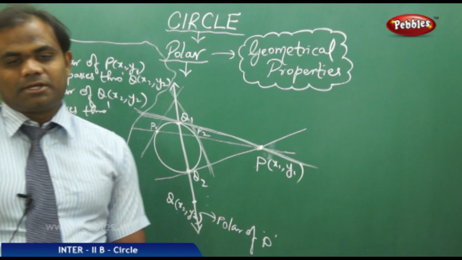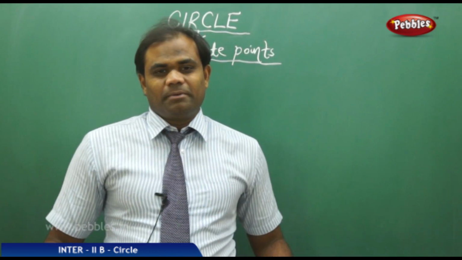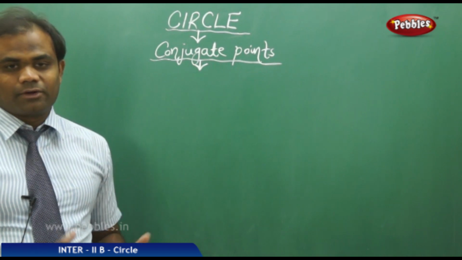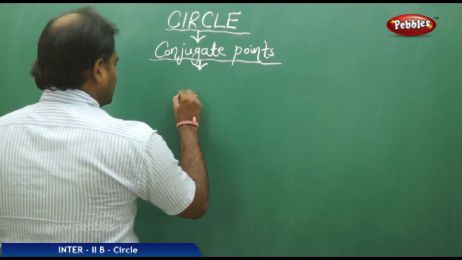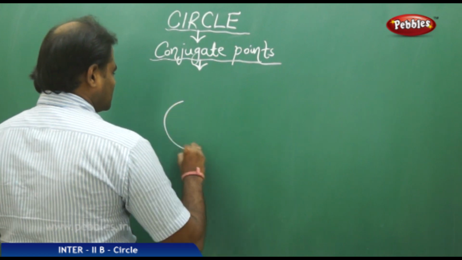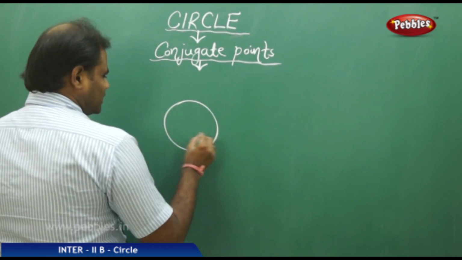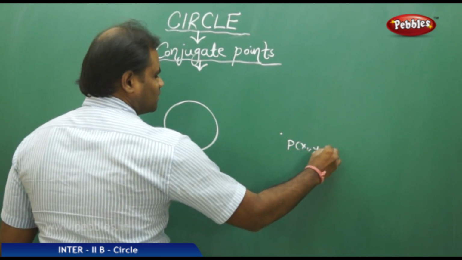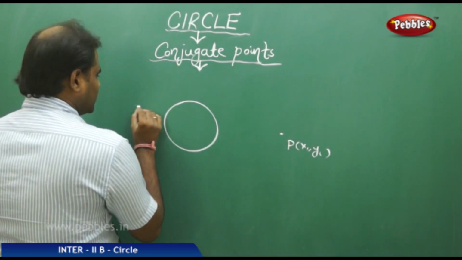understand the concept. Now in the previous case, we have seen one of the interesting geometrical concepts which we are going to recap. That is, we have seen that if I have a circle S equal to 0, and a point P x1, y1 outside the circle, then I get the polar.